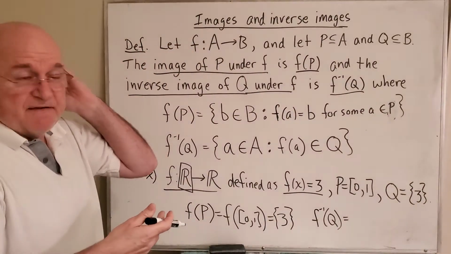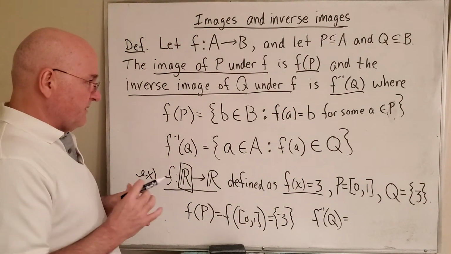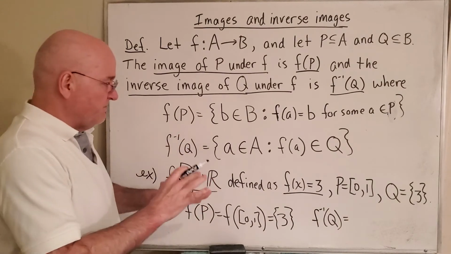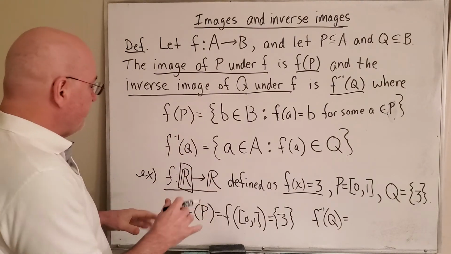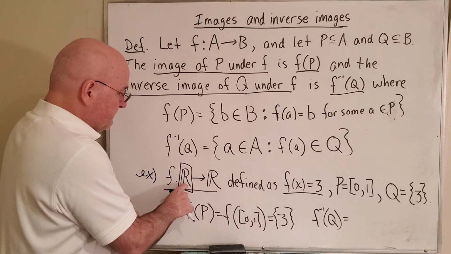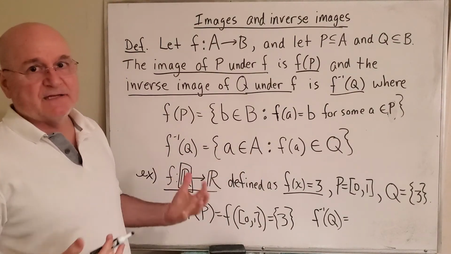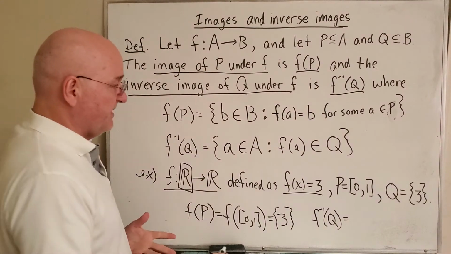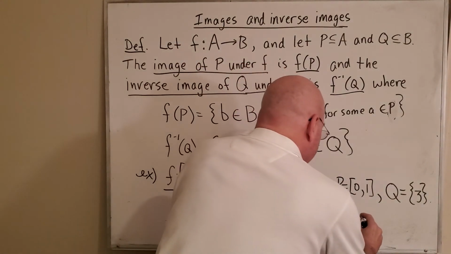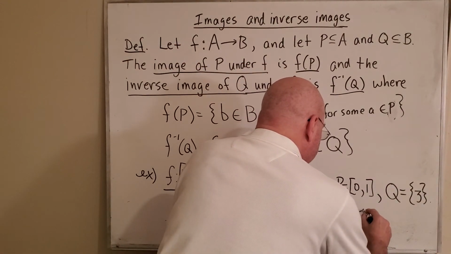Nothing gets mapped to 7. So, what numbers in the real line get mapped to 3? And it's all of them. It's the entire real line. So this is equal to F inverse of just the number 3.